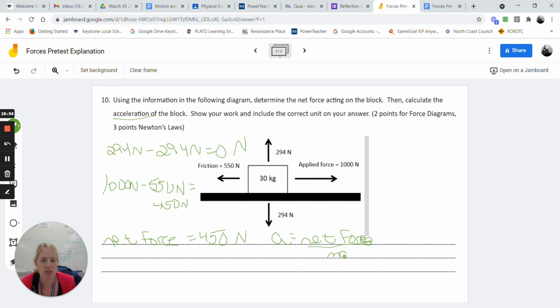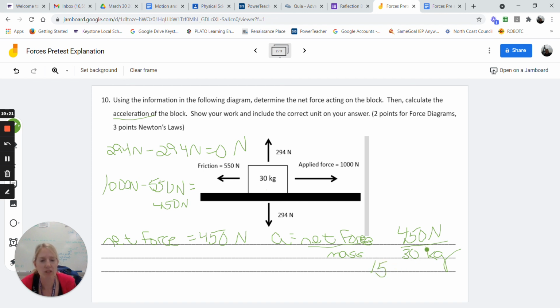The net force that we just calculated is 450 newtons, and the mass is conveniently written on the block. It's 30 kilograms. And it's been a long day. Oh, 15 is right. Okay, so 15 is our acceleration.